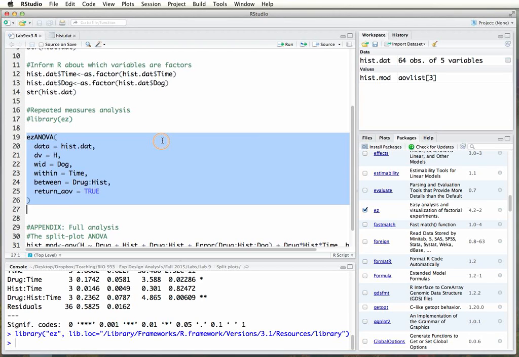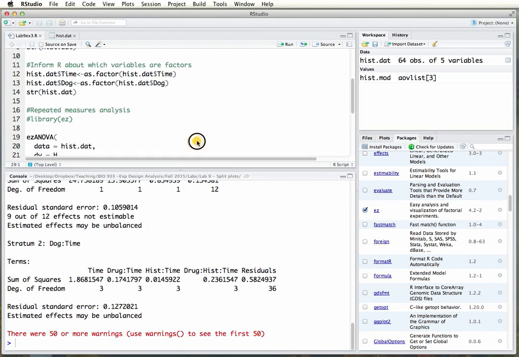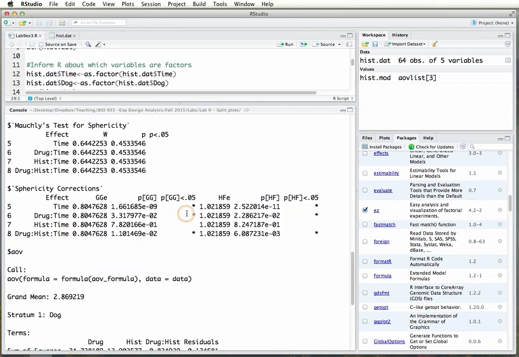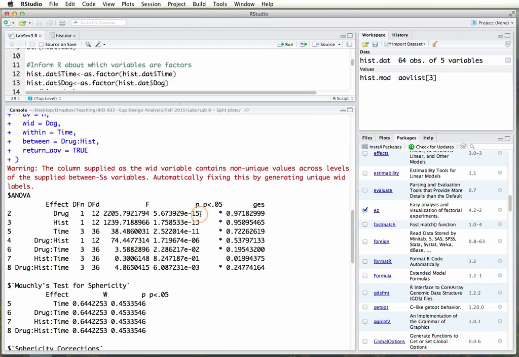So run that whole bit. Oh my gosh, we got all kinds of things here. Well, let's go up here. So it's getting mad at me here because my dog ID variable contains non-unique values, but that's fine.